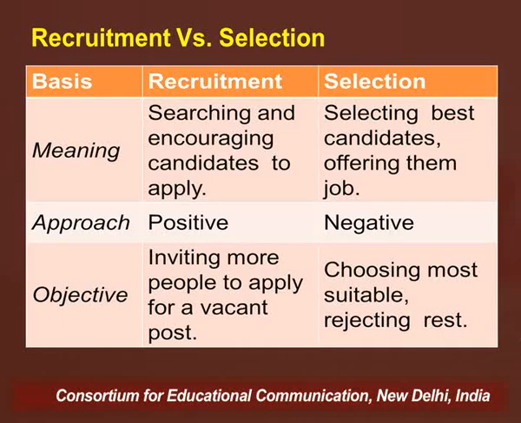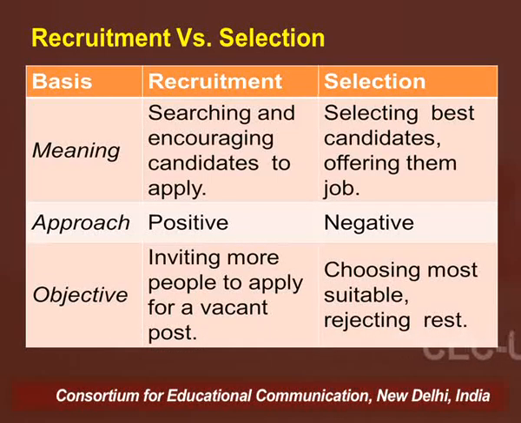The approach of recruitment is positive, while the approach of selection is negative. Why do we feel that recruitment is a positive process and selection is a negative process? It is because of the objectives of both these processes. The objective of recruitment is attracting more and more people to apply for a vacant post.